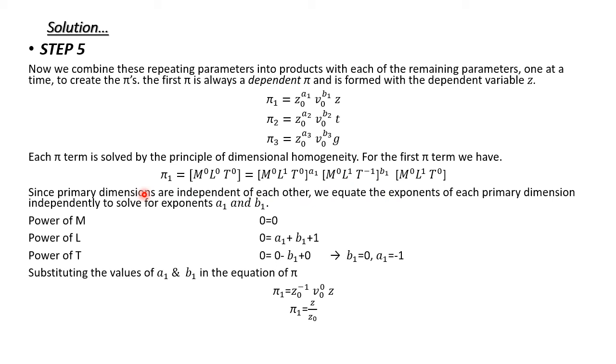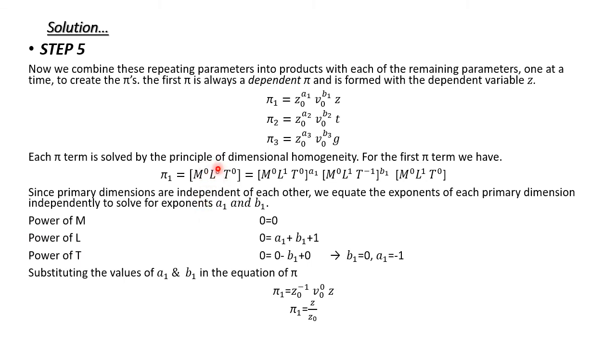Now what we are going to do is compare the powers of the dimensions on LHS and RHS. Suppose I take mass: on the LHS the power is 0, and on the RHS the power of M is 0 everywhere, so I have written 0. Now let us consider the power of length. On the left hand side it is 0.